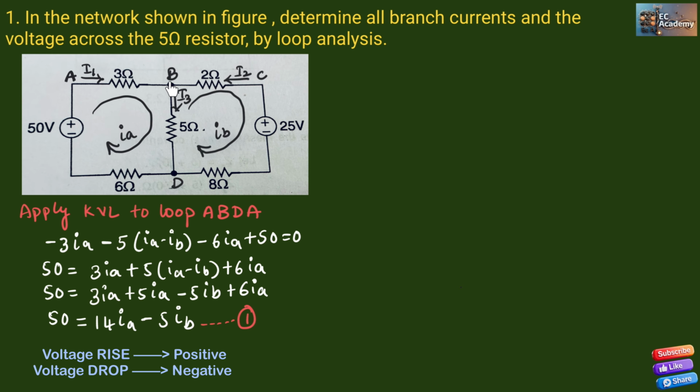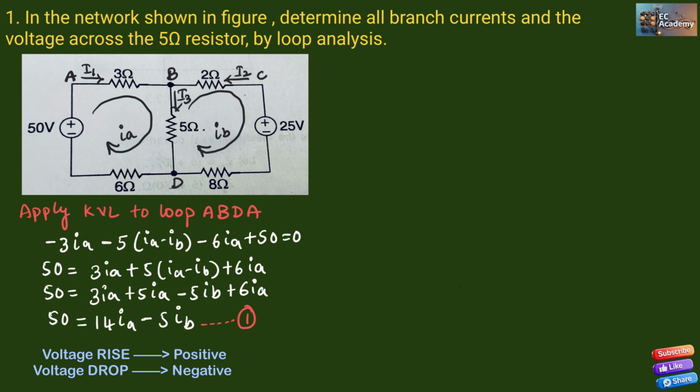Now let us consider the loop BCDB and apply KVL. The voltage drop across the 2 ohm resistor will be 2IB. Next is the battery. If we are traversing from plus to minus, there is a voltage drop, so it will be minus 25. The voltage drop across the 8 ohm resistor will be 8IB, and the voltage drop across the 5 ohm resistor will be (IB minus IA) into 5.